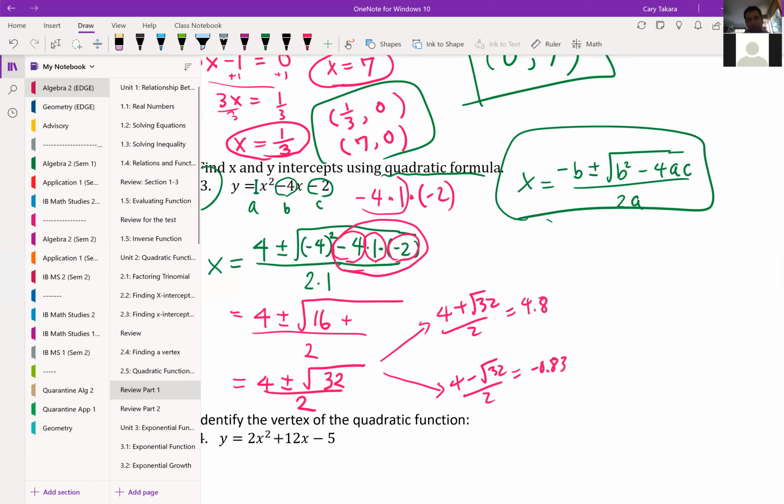I'm sorry. So negative 4 times 1 is negative 4. Negative 4 times negative 2 is positive 8. So 16 plus 8 is, what is it, 24? It's the square root of 24.